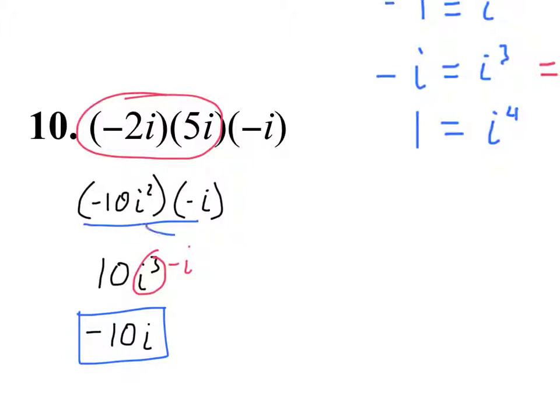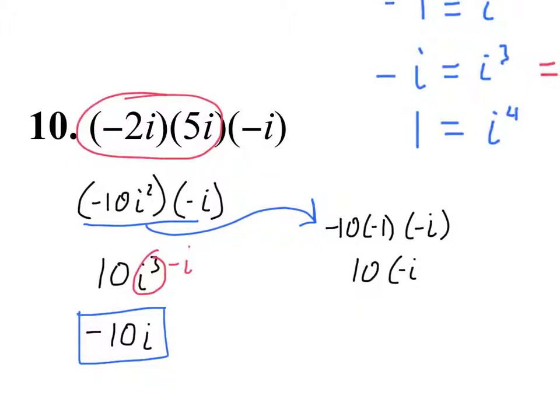Well, if you did that, you know that i squared is negative 1, so you have negative 10 times negative 1 times negative i. Negative 10 times negative 1 is 10 times negative i, which is exactly what we did here. We took 10 times negative i. Negative 10i.